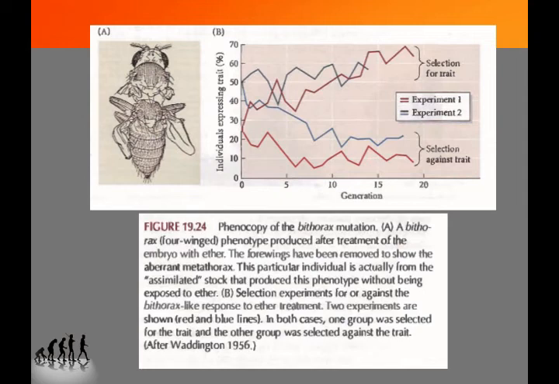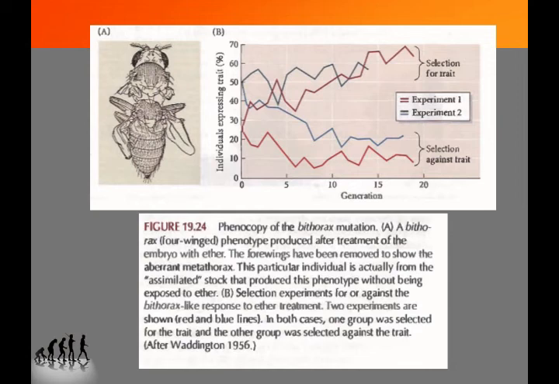This particular individual is actually from the assimilated stock that produces this phenotype without being exposed to ether. And picture B shows the selection experiments for or against the bithorax-like response to ether treatment. Two experiments are shown, in both of which one group was selected for the trait and the other group was selected against the trait.